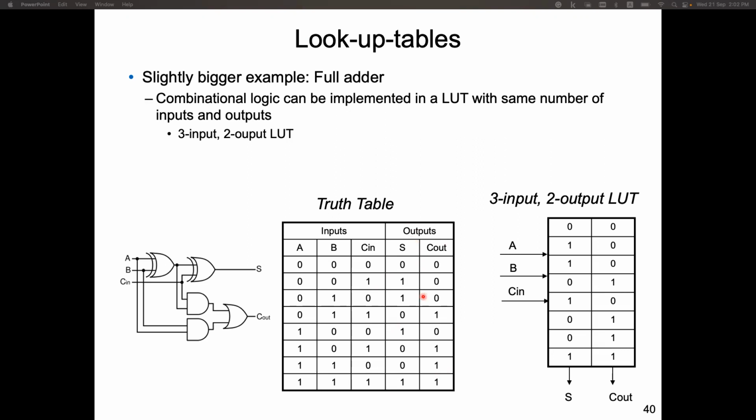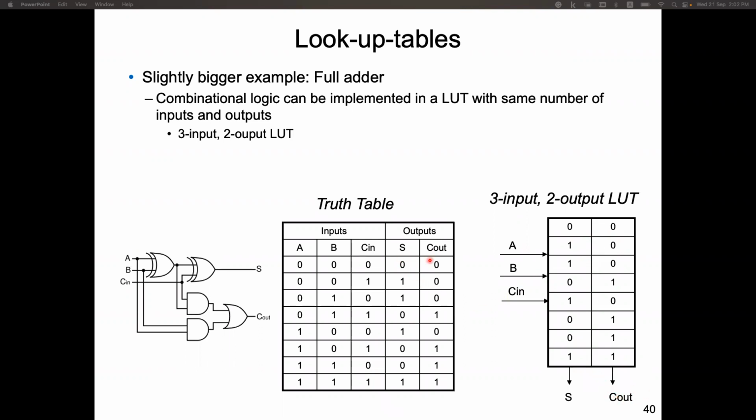So to implement this full adder using a lookup table, we can use a 3-input lookup table, which means there are 2 to the power 3, 8 rows, equal to the 8 rows here, and 2 columns, because we have 2 outputs. One is the sum output, the other is the carrier output.